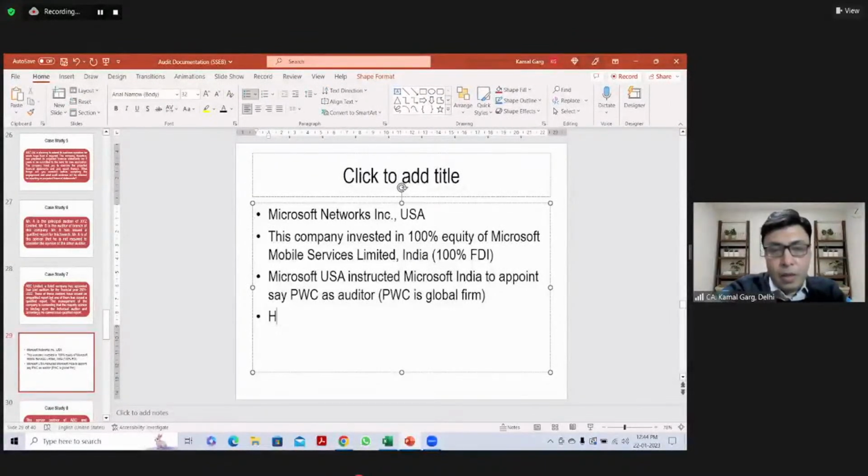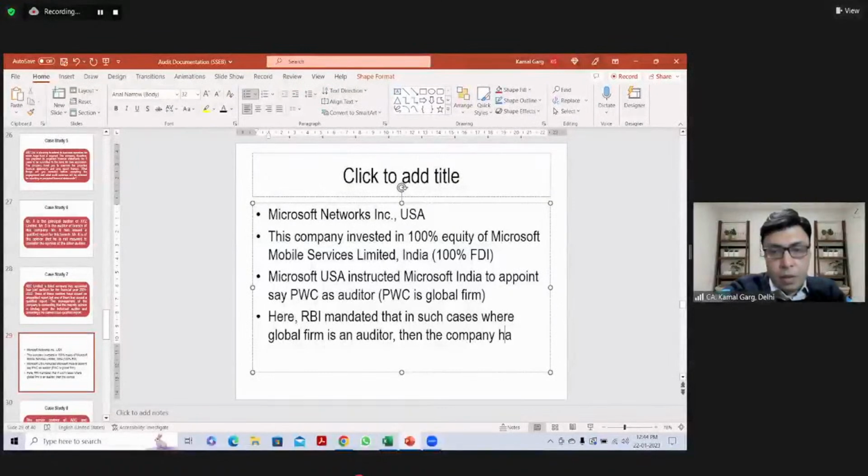Now what happened here? RBI mandated that in such cases where a global firm is an auditor, then the company having FDI shall also appoint one local audit firm as auditor.